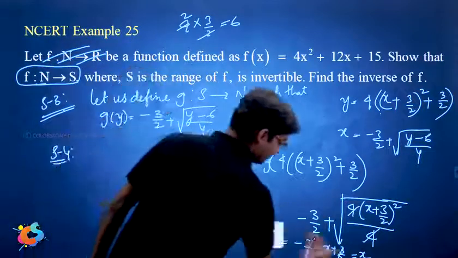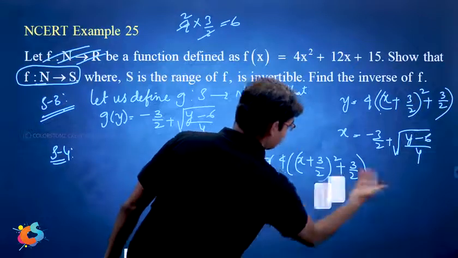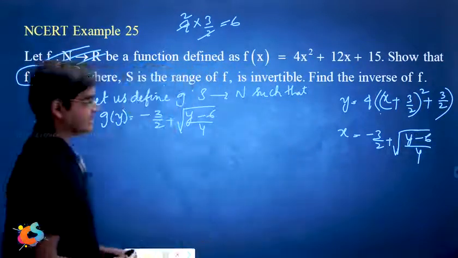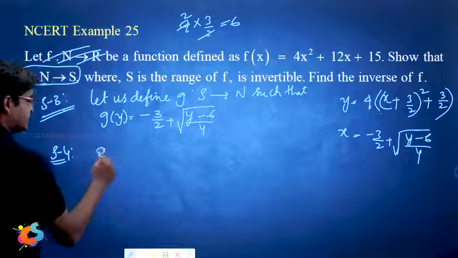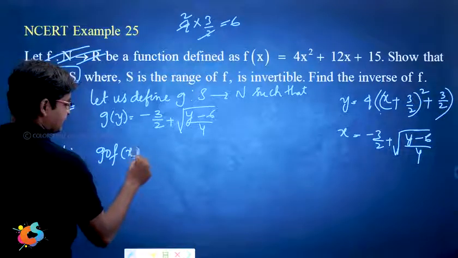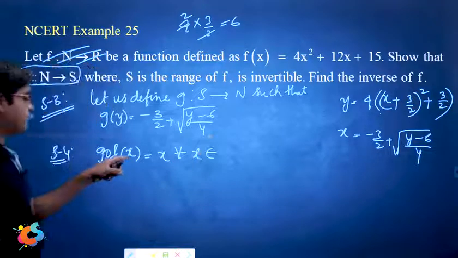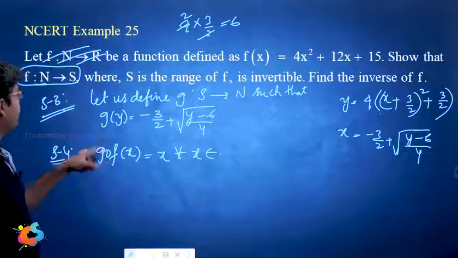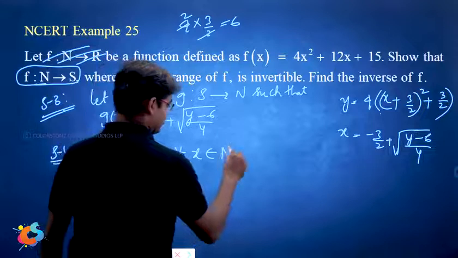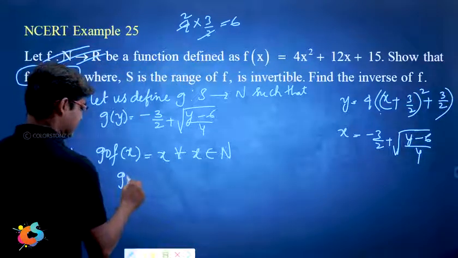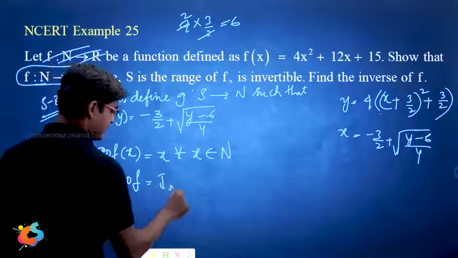In boards, you can do something and just finally you should get x. That's all. Okay, so therefore we got g circle f of x is equal to x for all x belonging to, x should come from the domain of f, and domain of f is n. So g circle f is an identity function on n.